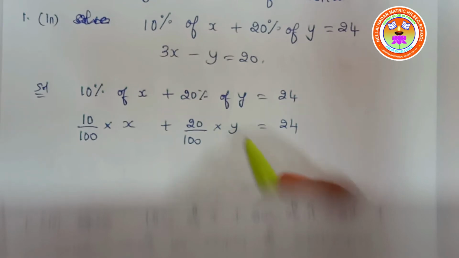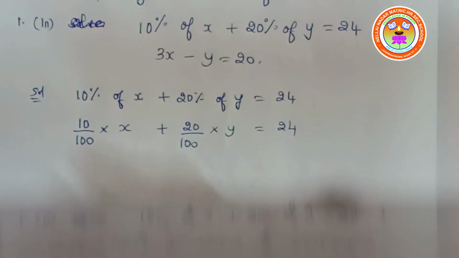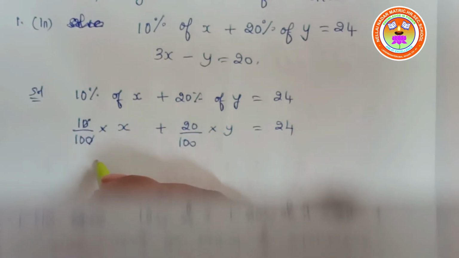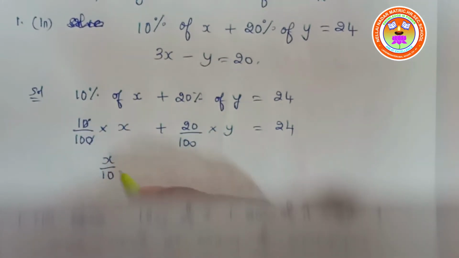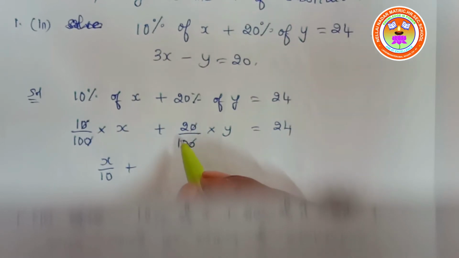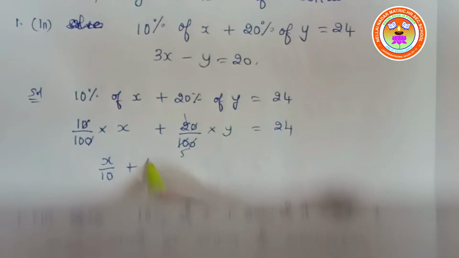It's clear, children? That is 0 0 get cancelled. You get x by 10 plus 0 0 cancel. 2 ones are 2, 2 fives are 10, y by 5 equal to 24.